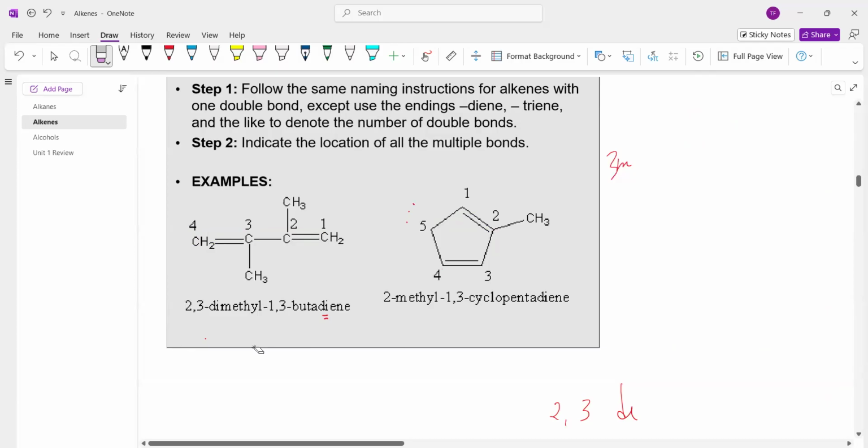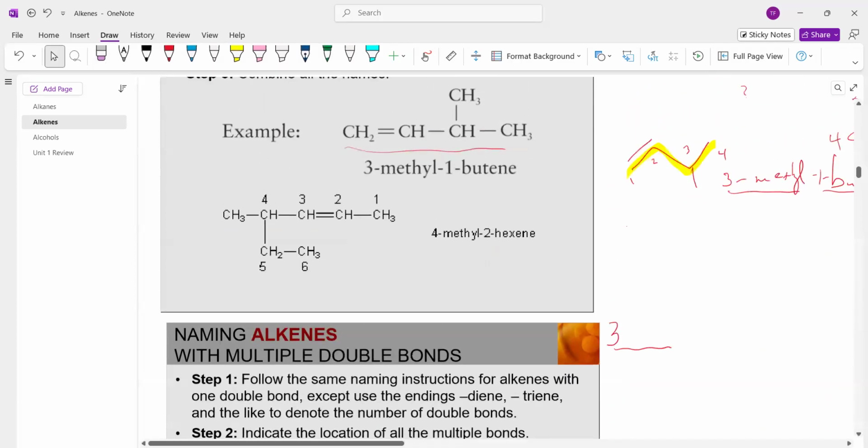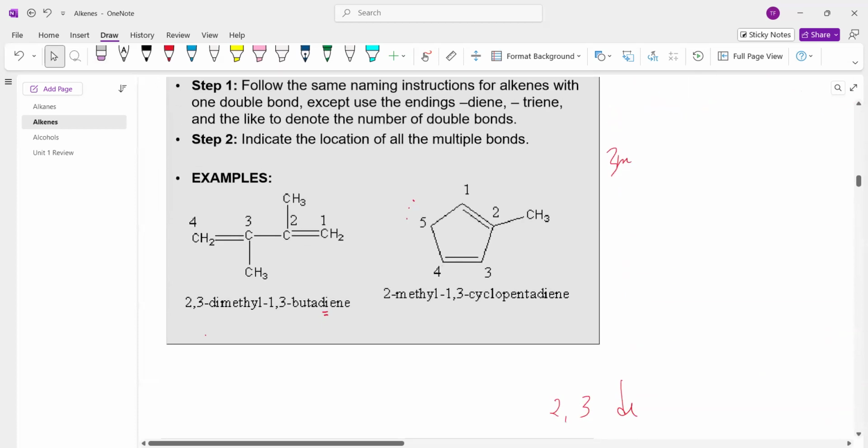Sure. Okay, so you can have single or double bonds. You can also have multiple double bonds, both cyclic and non-cyclic. It's the same naming, except you have to say a couple things that are different. One is you have to identify that there are two of them.